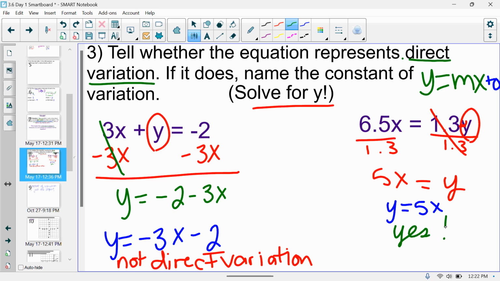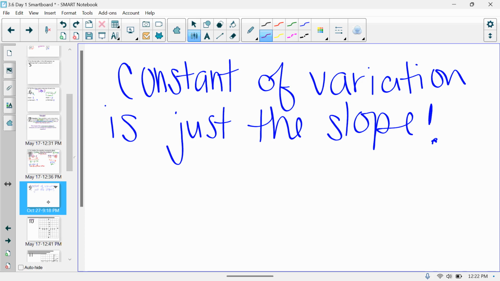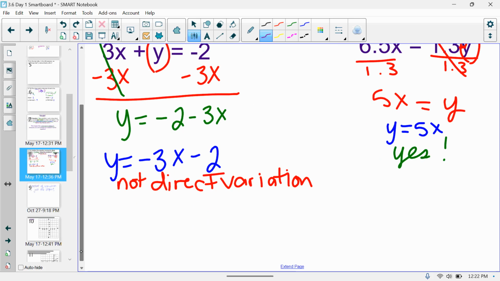Now look, if it is direct variation, there's another part to the question. We're supposed to name the constant of variation. Guys, the constant of variation is just the slope. So 5, in other words, okay? So we would say that the constant of variation is 5.